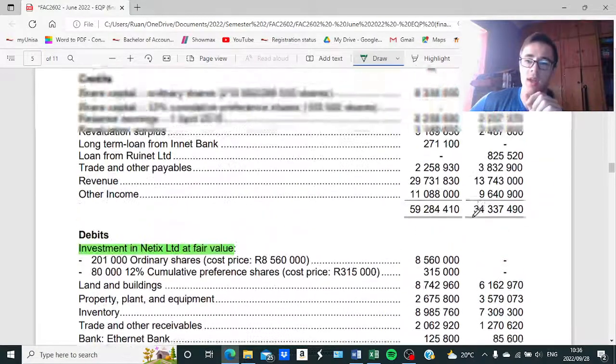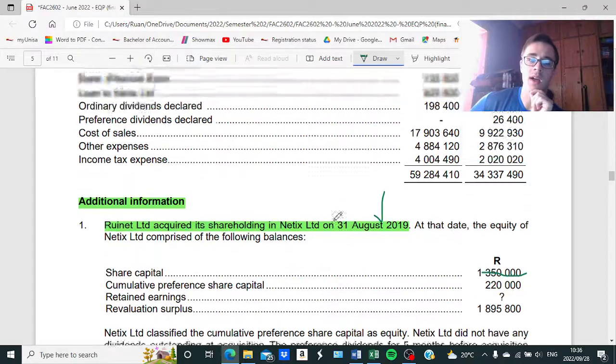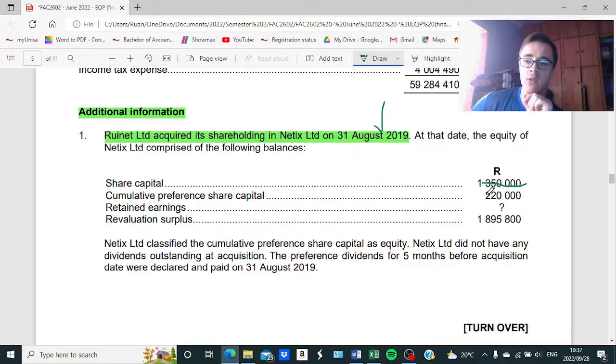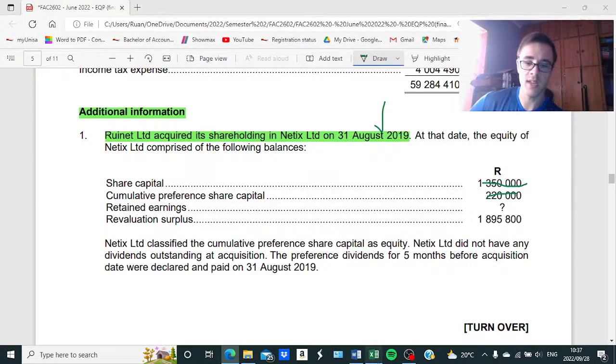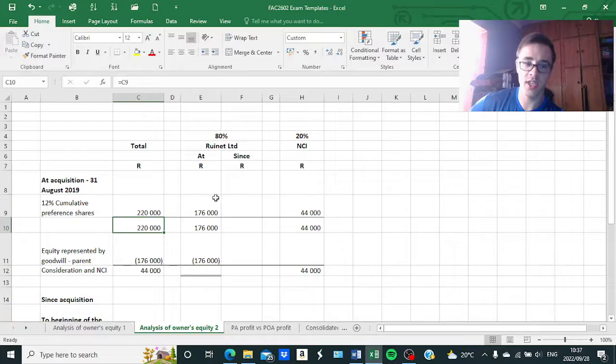All right. Then we have our cumulative preference share capital, your 12% cumulative preference shares, valuing 220,000. So we will indicate this right here in our analysis of owner's equity or preference share capital.